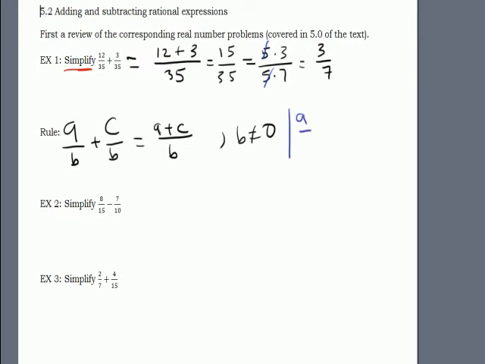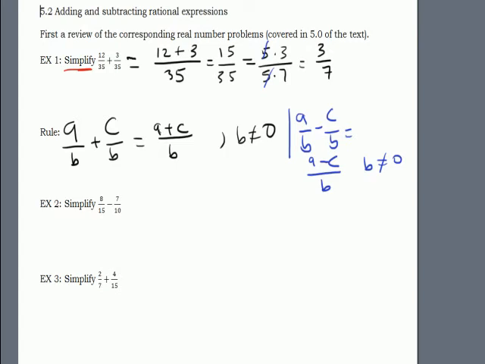If I have A over B minus C over B, this should be A minus C, everything in C, over B. And as with before, we want to be real careful about the B not being equal to 0. As we extend this to look at rational expressions where there are variables involved, we need to make sure we exclude anywhere where the denominator would be 0 from our final answer.